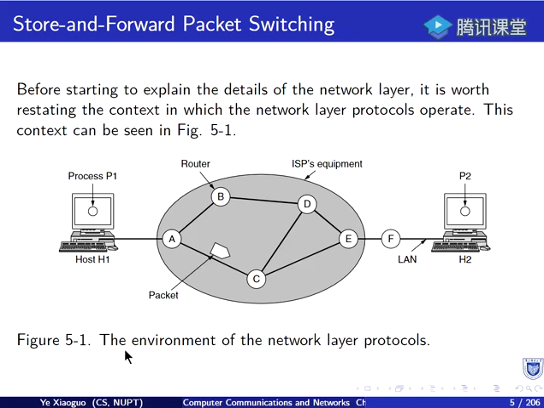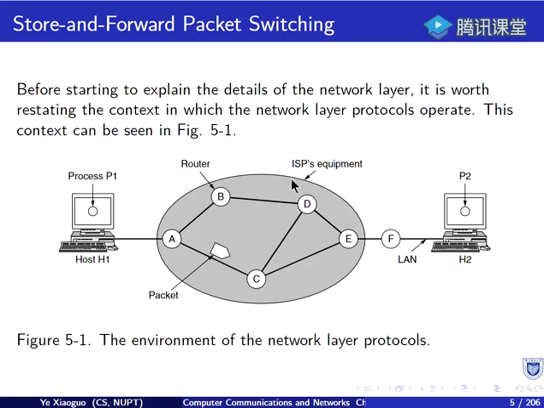This figure illustrates the environment of network layer protocols. We have two hosts, H1 and H2, and we have communication networks, and there are several routers, A, B, C, D, E, and F. They are routers.